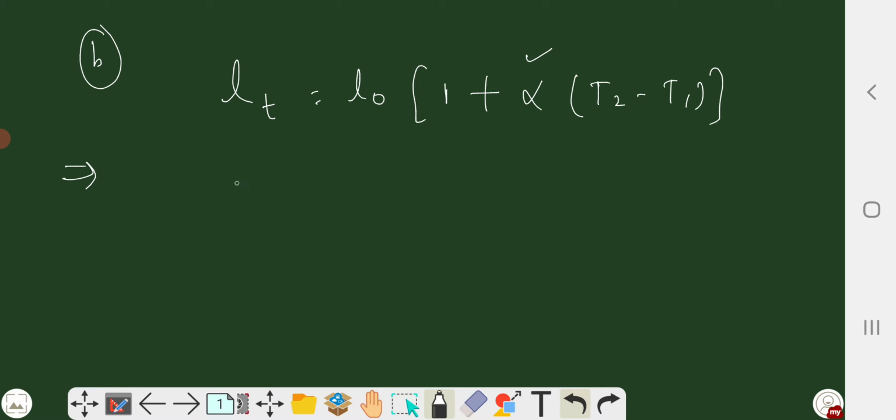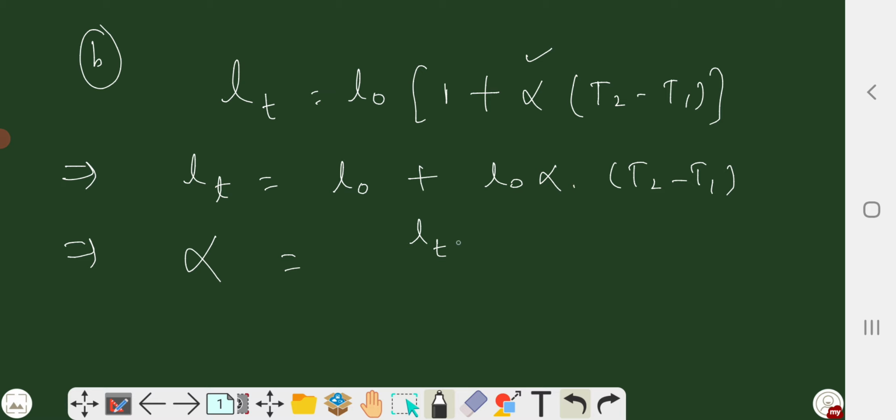So make a formula for alpha, very easy. Just multiply L naught into the bracket, L naught alpha (T2 minus T1). Very easy. Now from here, if I solve, then I will be getting this value for alpha.